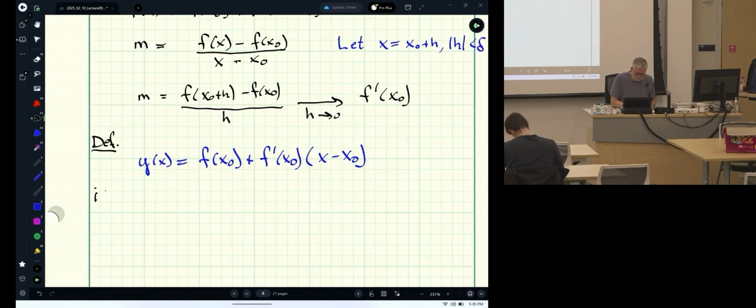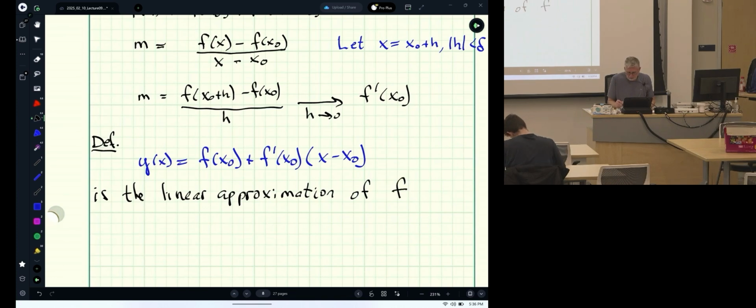That is the linear approximation of f about, at, near, about x0.